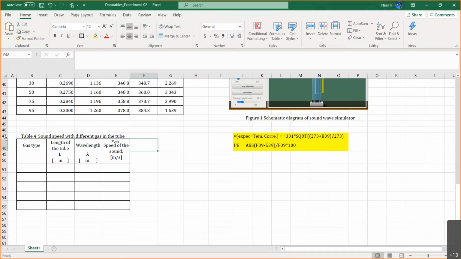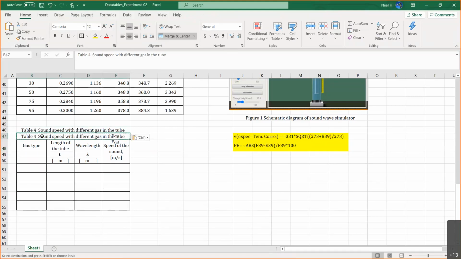Okay, and there's a couple of other pieces of information you can add here. Maybe, for example, we would like to have the frequency, those things, right? So we will be doing temperature.